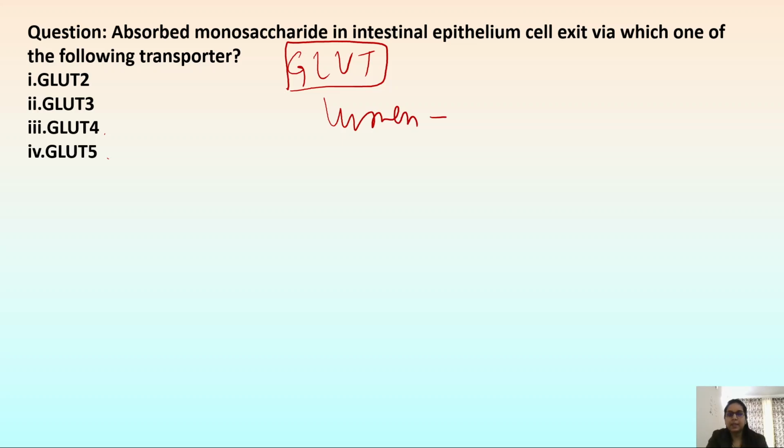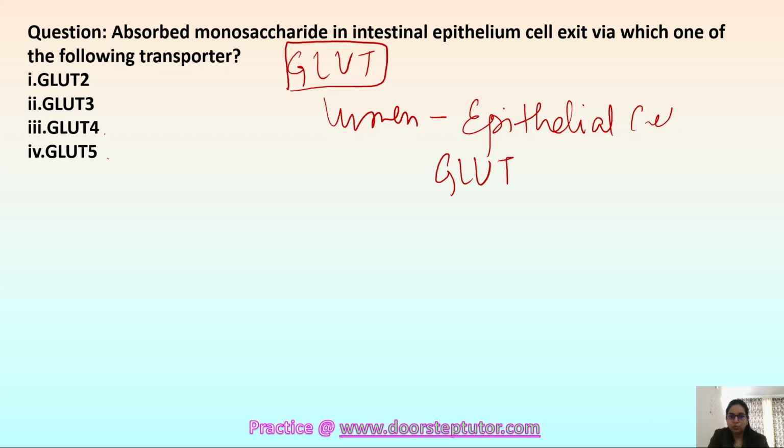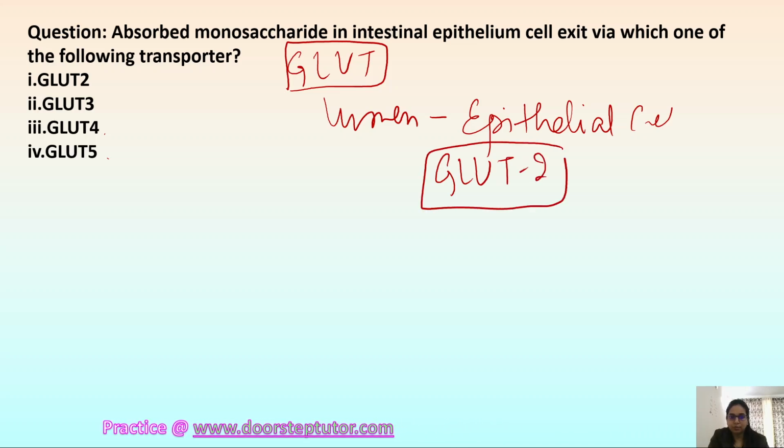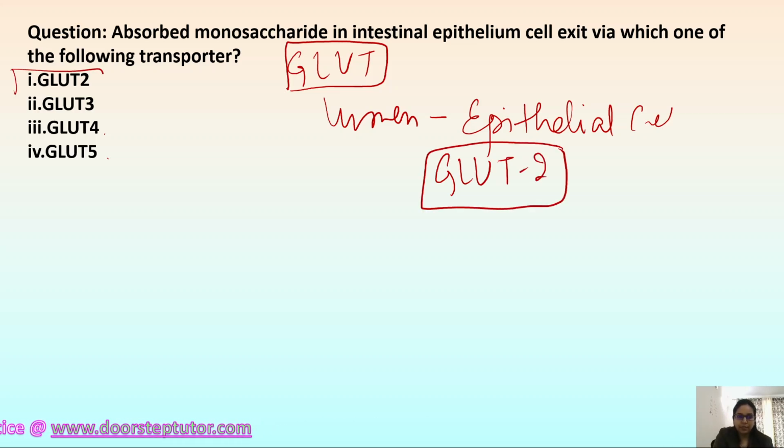into the intestinal epithelial cell. So, from the lumen to the epithelial cell, GLUT2 is the main transporter. So, the answer will be GLUT2.